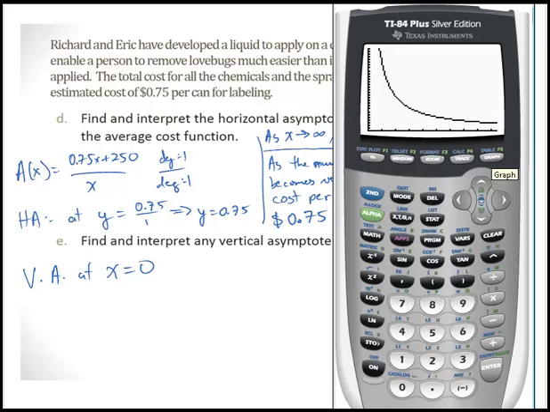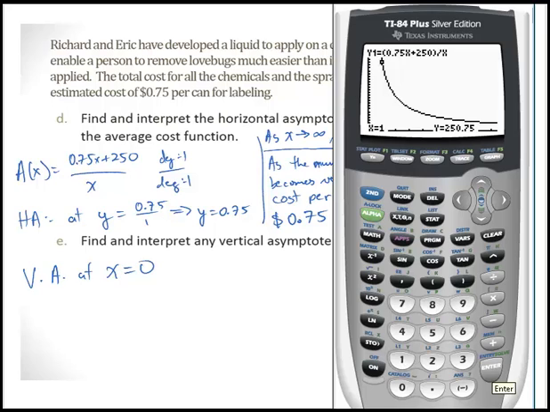So notice what's happening. Now we know as x becomes large, the output gets closer and closer to 0.75. But as x becomes very small, let's trace and get close to 0. So how about at 0.5? Now that doesn't make a whole lot of sense. You can't produce half of a can. The smallest number of cans you can really produce is 1.